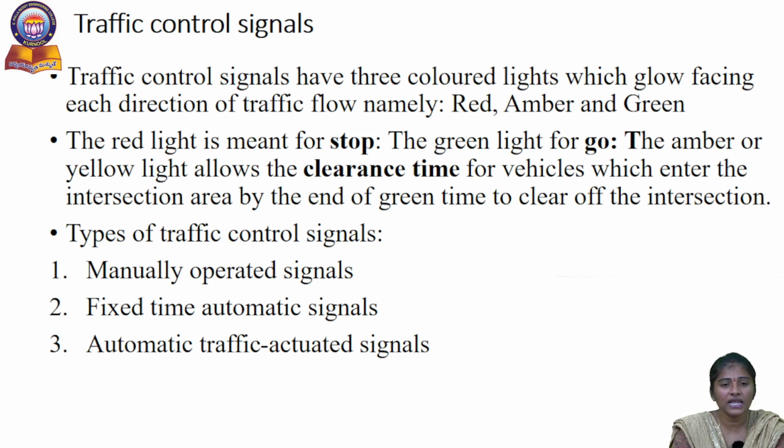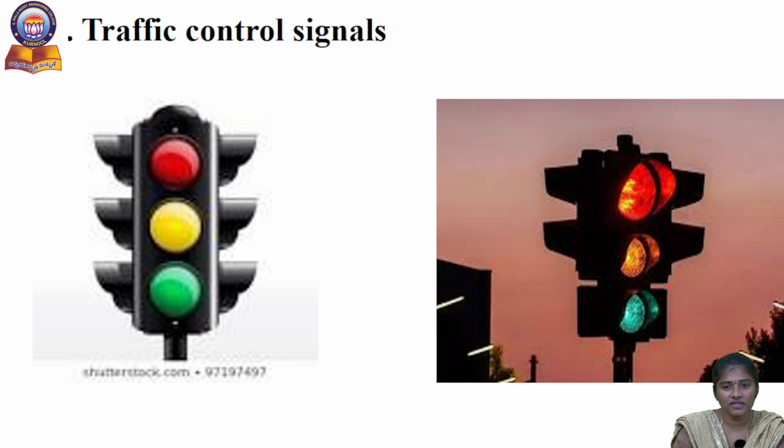So we have mainly 3 types of traffic control signals here again. One is manually operated signals, fixed time automatic signals, and automatic traffic actuated signals. You can see in this picture how the traffic control signals are provided with 3 color lightings.